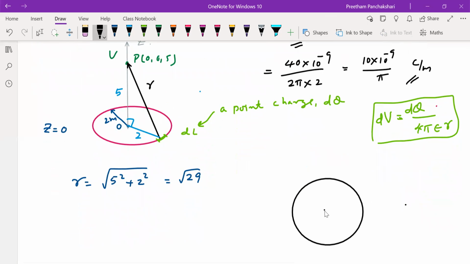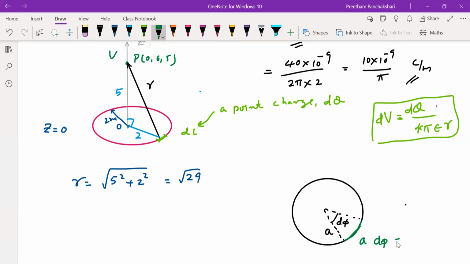Here, if this angle is d phi on the circle and the radius of the circle is, let us say, a, then this arc length is given by a into d phi, radius into the differential angle.